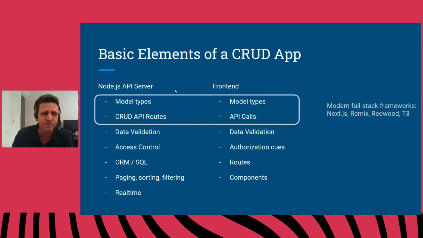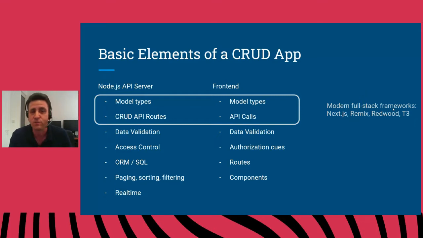If we're looking at model types and CRUD API routes, then we've been seeing a lot of advances in frameworks. These are frameworks in the React world. Obviously, there are others for other front-end frameworks. But if you look at Next.js and what they're doing today, if you look at Remix, they're making API calls and consuming those APIs a lot more holistic, and also sharing of model types between front-end and back-end.